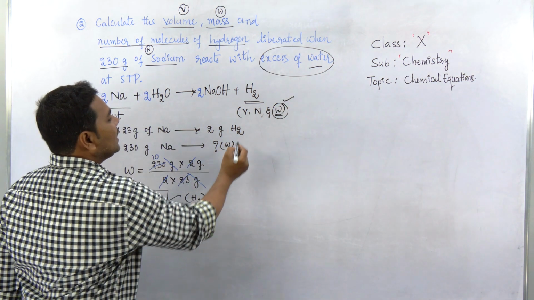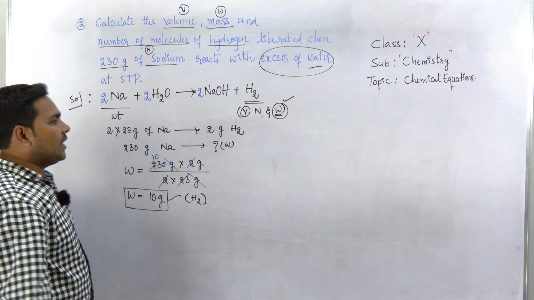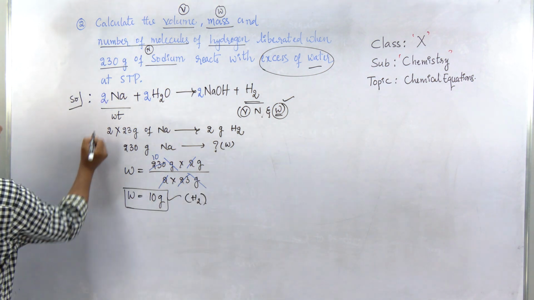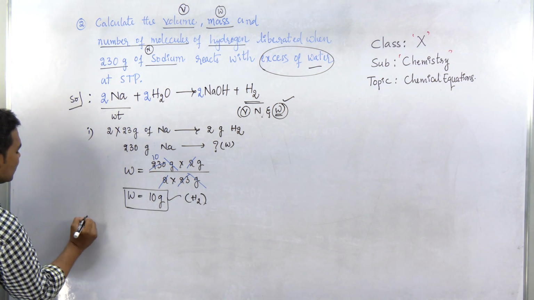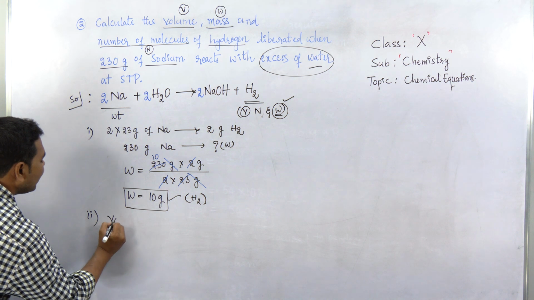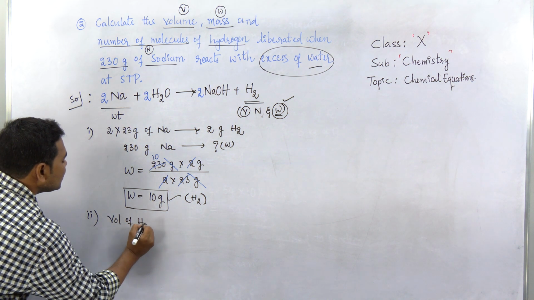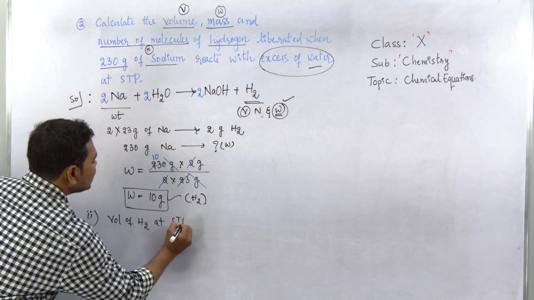Weight we found. Then let us find volume at STP. This is number 1. Let's go for the second case. What we have to find out? Volume of hydrogen liberated at STP.